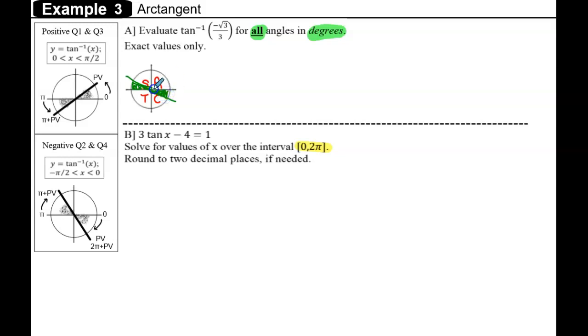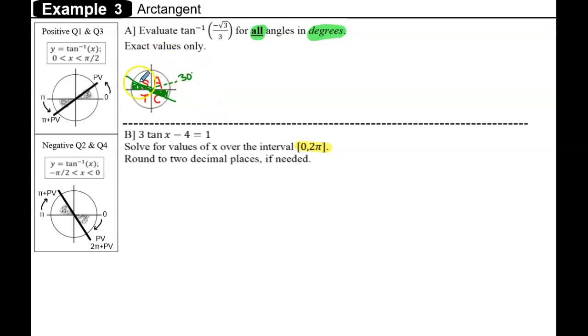Okay, our first quadrant reference angle is the angle that has a ratio of y over x with its coordinates that equals positive in quadrant 1 root 3 over 3, and that would be pi over 6 radians or 30 degrees.